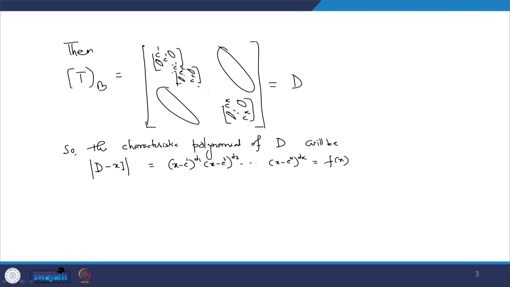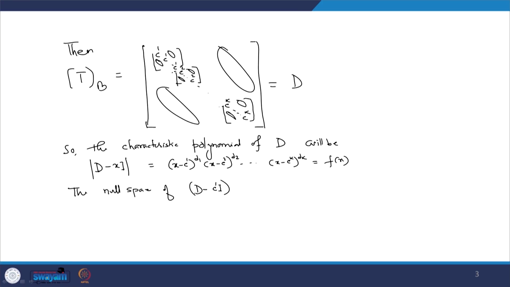Interestingly, if I want to see the null space of D minus C1 I, this will again be a diagonal matrix. In the first block matrix, of size d1 by d1, all diagonal entries will be equal to 0.